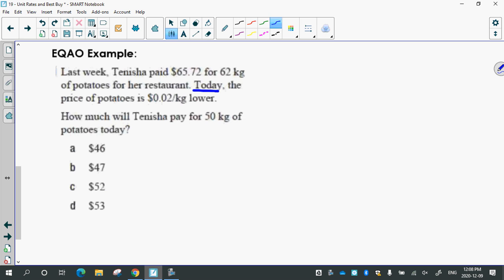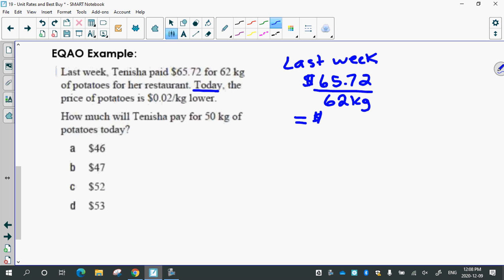So if we look at last week, first of all, we can find the unit rate. We can find the cost per kilogram. Just remember, cost always goes on top. So $65.72 for 62 kilograms means that last week potatoes cost $1.06 per kilogram.